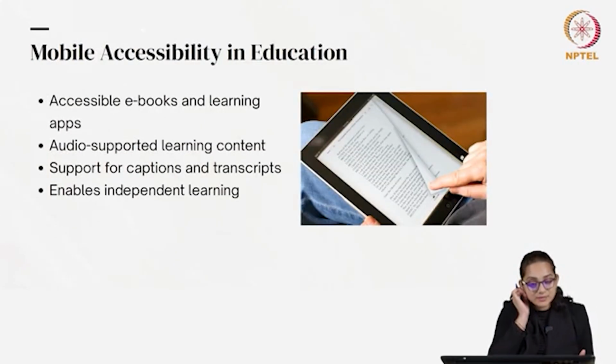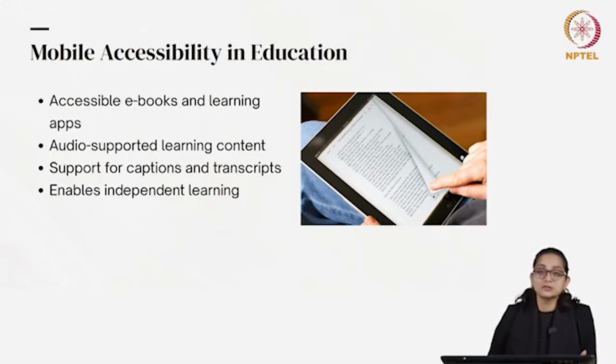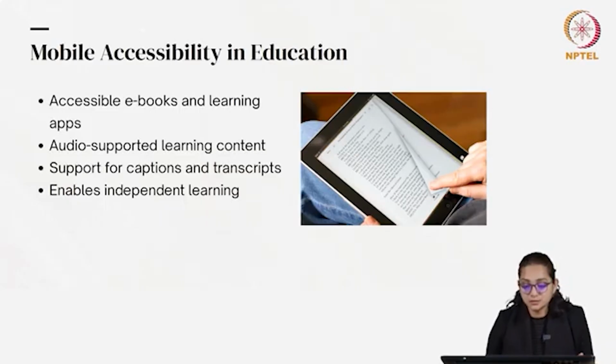Mobile accessibility is very useful, particularly in education, because accessible e-books and learning apps are available. Audio supported learning content is available. Support for captions and transcripts are available. It allows for independent learning.